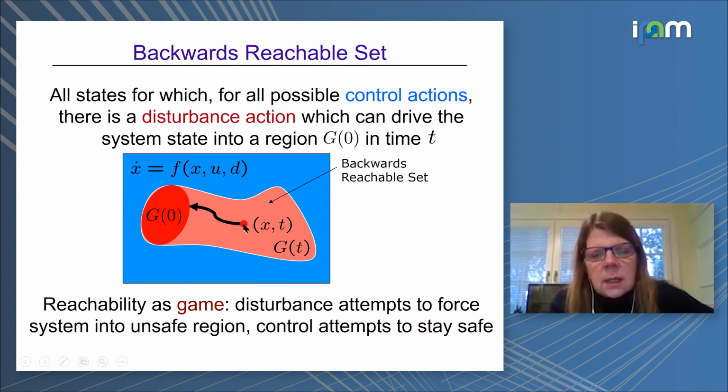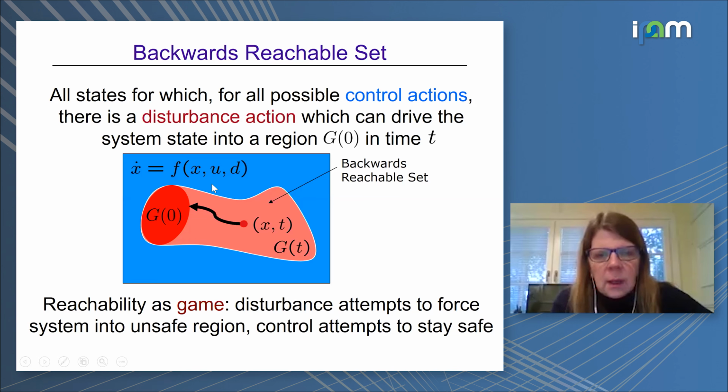In this case, this is some state x for which at time t it's characterized as unsafe, because even for the best possible control input, there's a disturbance action which over that time horizon from t to 0 could result in a trajectory of x dot equals f(x, u, d, t), which ends up in G at 0 in t time units.